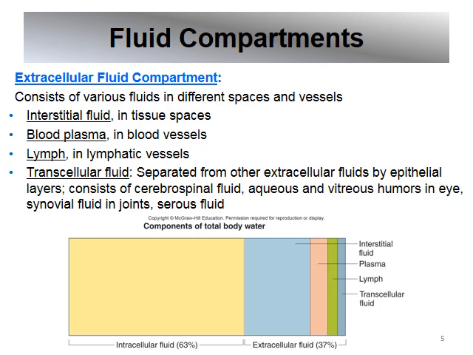Lymph, we've talked about in the past how it picks up the excess body water and brings it back to the venous system. And then transcellular fluid, this is often the hardest to understand, and usually this is a question on your exam. This is going to be fluids that are separated from other extracellular fluids by an epithelial layer.